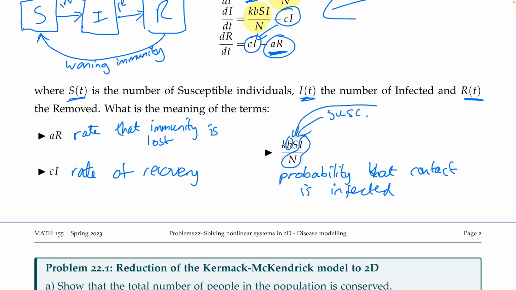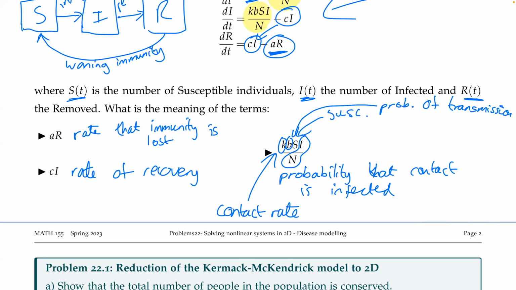This β and this k, well, we don't know what each of these things mean, but if we define our k to be our contact rate, it's the rate in which individuals come into contact with each other in general, and β is our probability of transmission given contact, then this whole thing here is saying, okay, we have a contact rate, we have individuals coming into contact with infected individuals with a probability I over N. And given that they come into contact with an infected individual, there's a probability β that there'll be transmission, they'll be infected, okay?